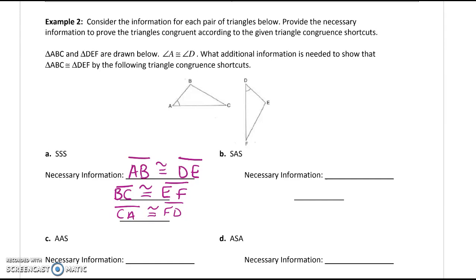All right, necessary information. We need a side, angle, and a side. Well, we've already been provided an angle, so all we need is two more sides. Well, since we know that the angle is in between the two sides, that means that AB and DE have to be congruent.